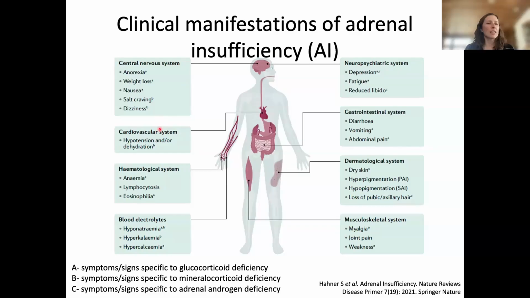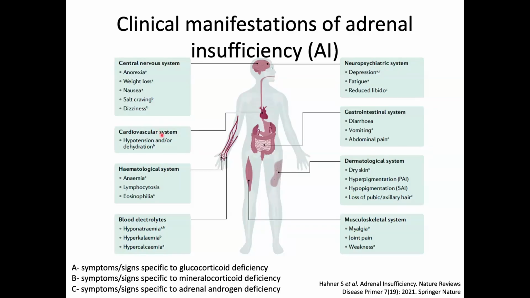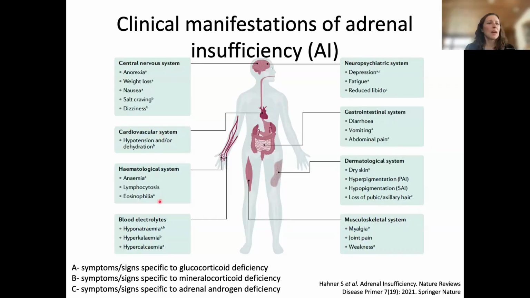In addition, cardiovascular symptoms and signs include hypotension and dehydration, which are also more specific to the mineralocorticoid deficiency of primary AI. AI can also present with anemia, leukocytosis, and eosinophilia. In terms of abnormalities on a chemistry panel, hyponatremia and hyperkalemia are more specific to the mineralocorticoid deficiency of primary AI.